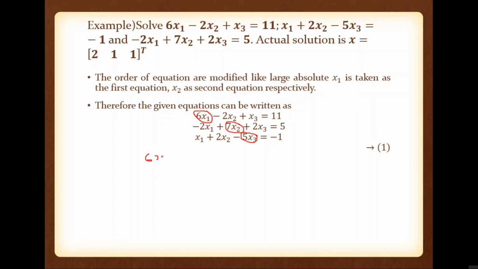6x1 is equal to 11 plus 2x2 minus x3. So that is first one. Now second one we have 7x2, okay, that is equal to 5 plus 2x1 minus 2x3.